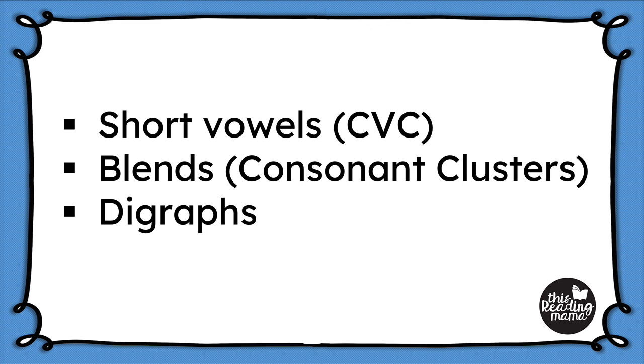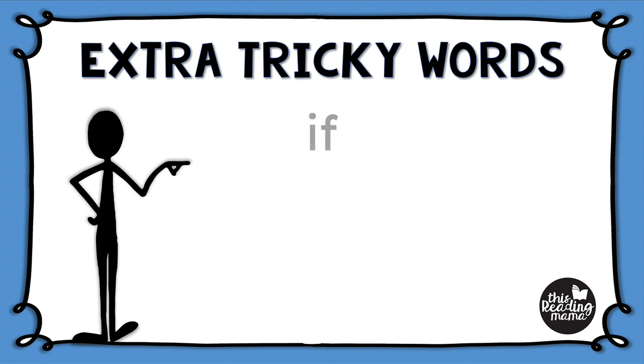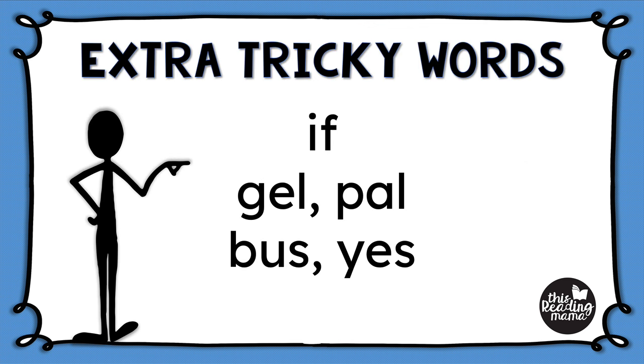rule to your learners. Now, with nearly every spelling generalization, you're going to find exceptions. Here are a few words that learners are going to come across while studying the floss rule that are exceptions. In all of these words, you have your short vowel sound, you have the F, L, S sound. Perhaps there are some Z words.